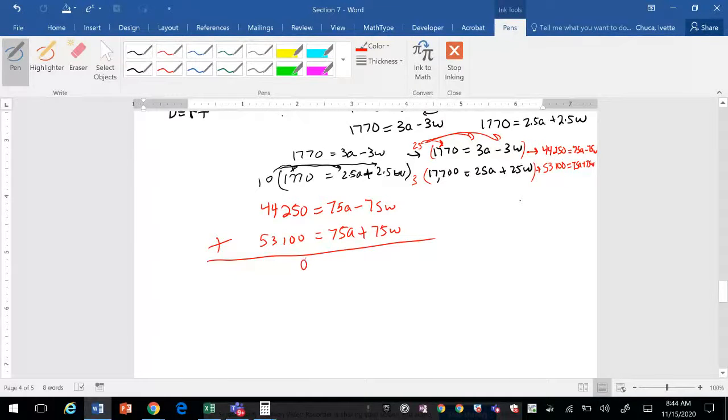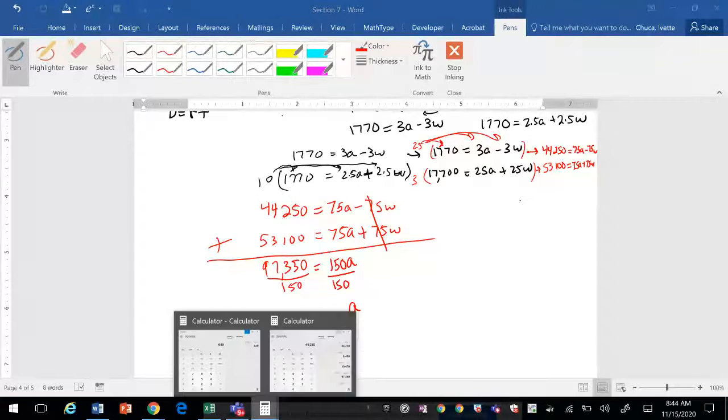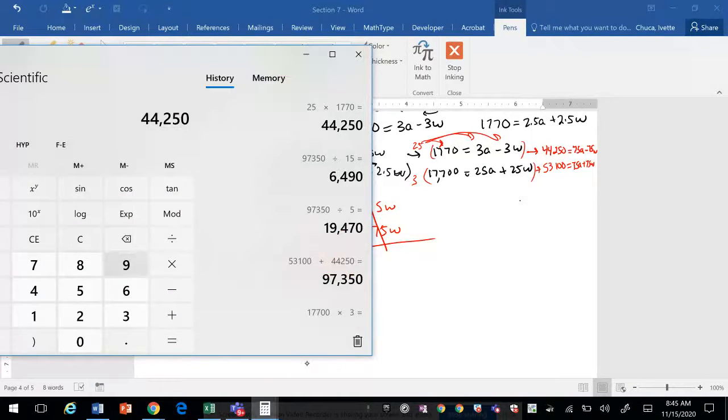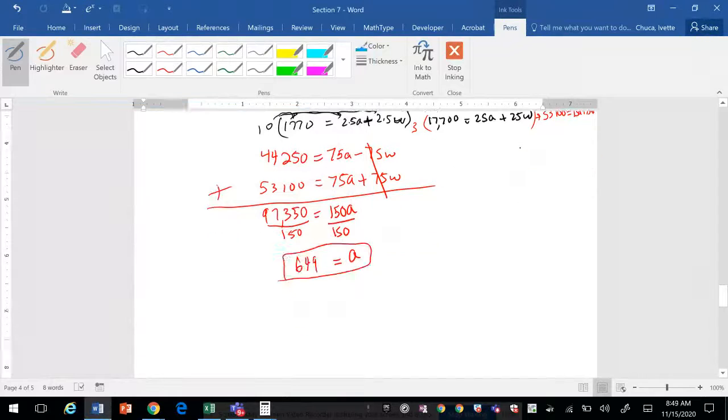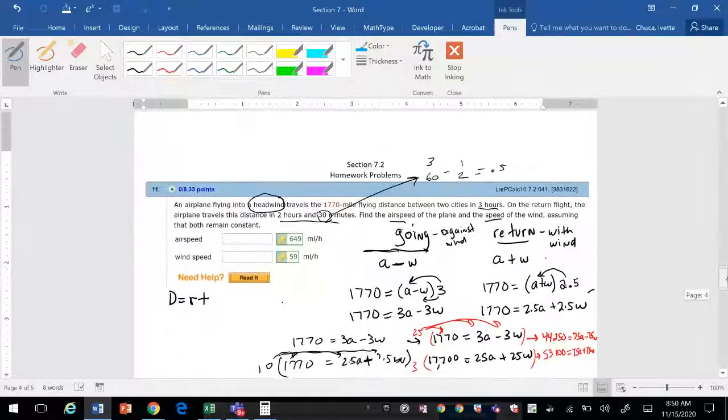So we have 97,350. 75 plus 75 is 150A. And then negative 75 plus 75 is 0. We're going to divide by 150. So A is equal to 649.